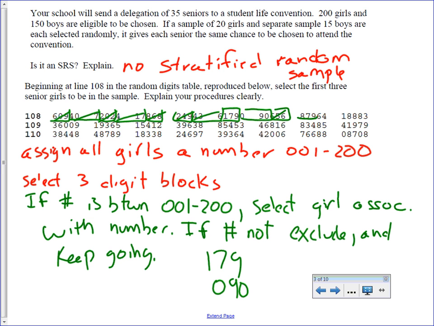Exclude. Exclude. Exclude. 336 is our next one. Exclude. And the last person is 009. So those are the first 3 people that would have been randomly selected using the 3-block method. We have to use 3 blocks because we need the potential to get anything between 001 and 200.